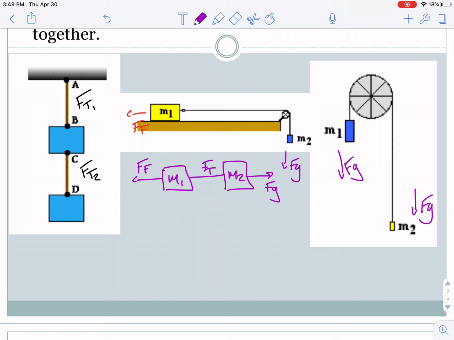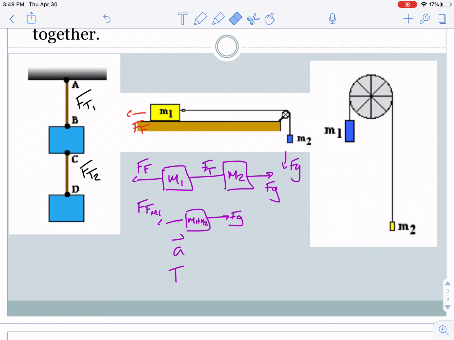So, just like the sled problems now, we're going to redraw as M1 plus M2 being pulled by FG and held back by the frictional force on M1. We find acceleration, then we can find the tension. Same with this one. We can bend this with our mind into a flat line.